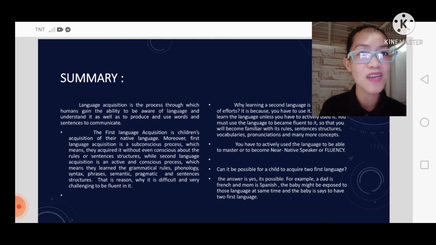Second language acquisition is an active and conscious process, which means that they learned the grammatical rules, the phonology, the syntax, the phrases, the semantics, the pragmatics, and the sentence structures. That is the reason why it is difficult and very challenging to be fluent in the second language.